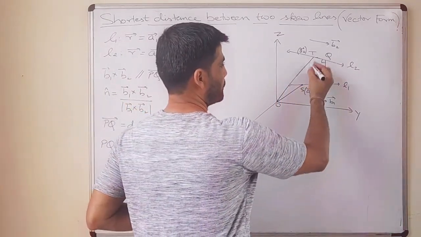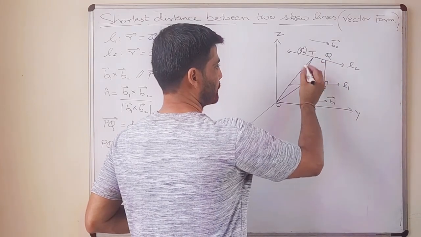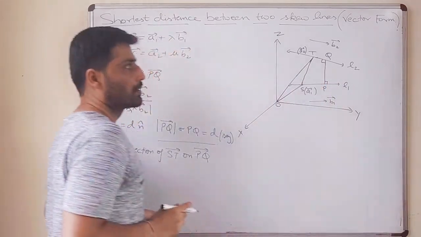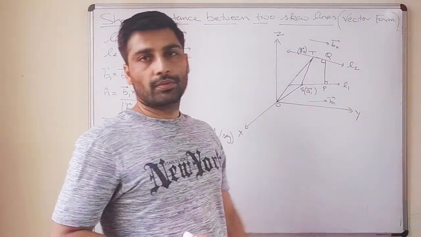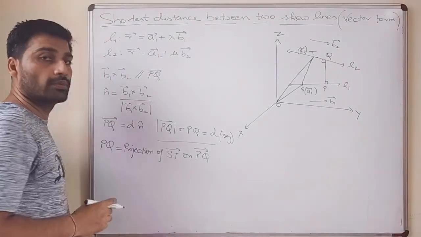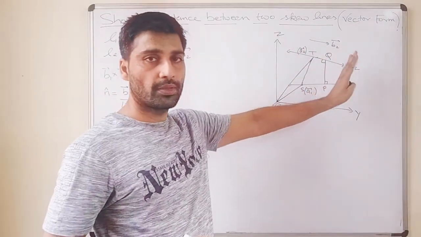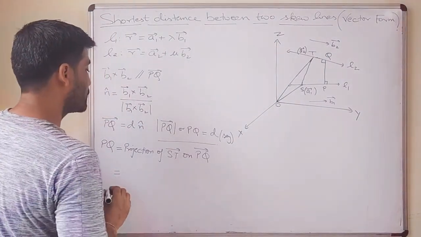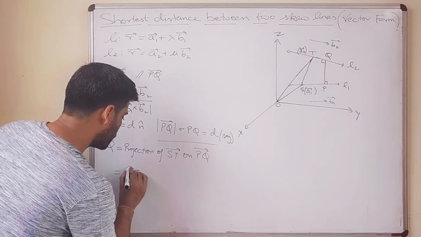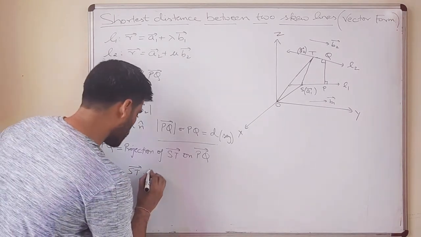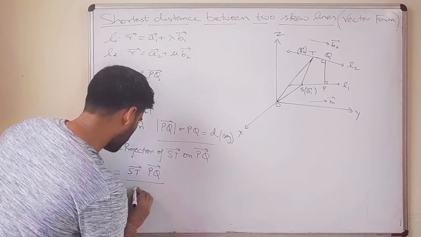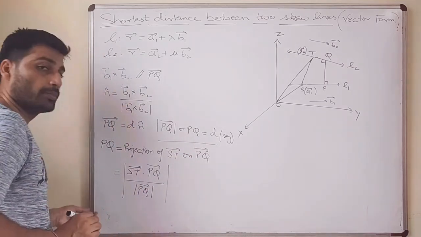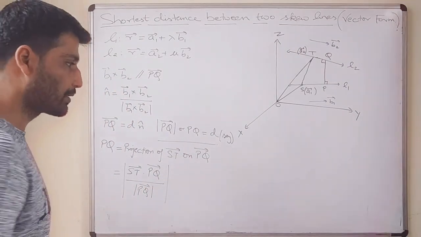This is vector ST. So the length of the projection of vector ST on vector PQ will give you the length of PQ. So it will be equal to how much? You all remember the formula, I hope so. ST vector dot PQ vector divided by the magnitude of vector PQ. Because the length cannot be negative, I have placed a modulus sign there.